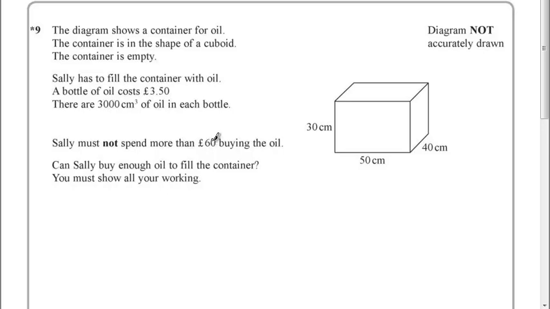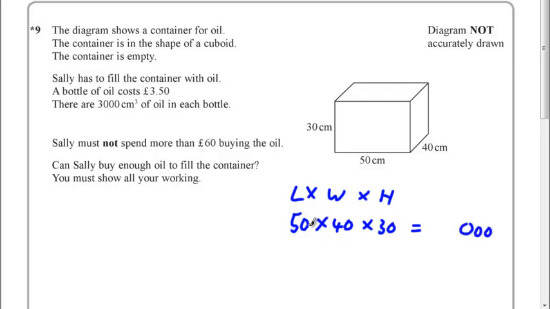But before we can work out the number of bottles, we need to work out the volume of this cuboid. Now, the volume of a cuboid is length times width times height. 50 times 40 times 30. Do all the noughts first. 5 4s are 20 times 3, 60, so it's 60,000.